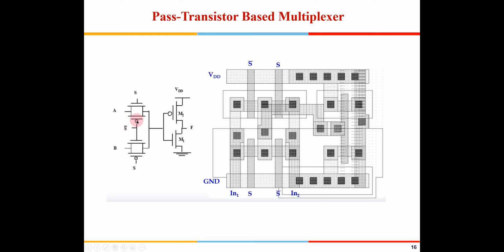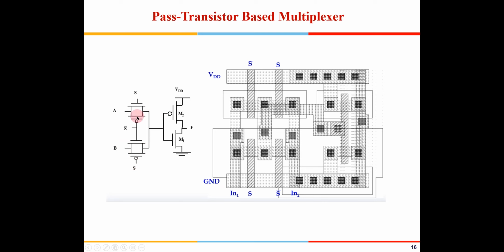When the select line is high, this PMOS and this NMOS will both be switched on in parallel. When the select line is low, the other NMOS and PMOS are switched on, so B will be diverted out here.